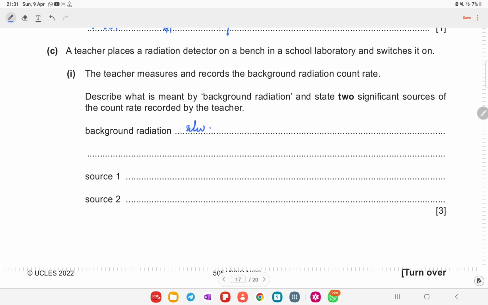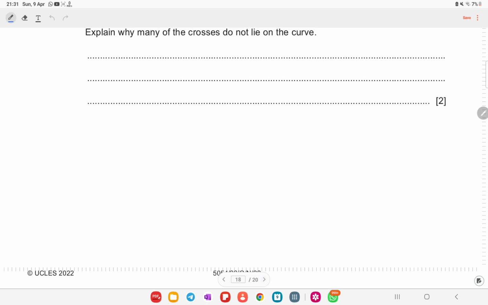It is always present in our surroundings, and this is due to cosmic rays from the sun, or the rocks emitting those radiations.